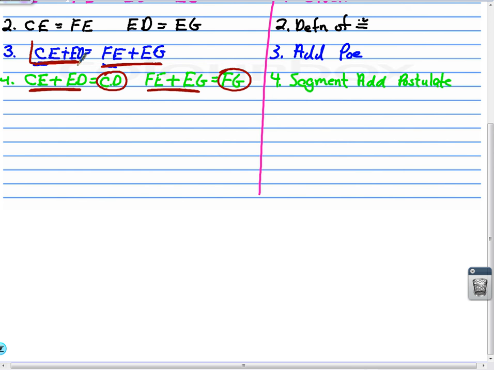Go back to step number 3. CE plus ED is equal to FE plus EG. Well, CE plus ED is CD. I'm substituting in. Take step 3, substitute in CD for those 2, and substitute in FG for those 2.